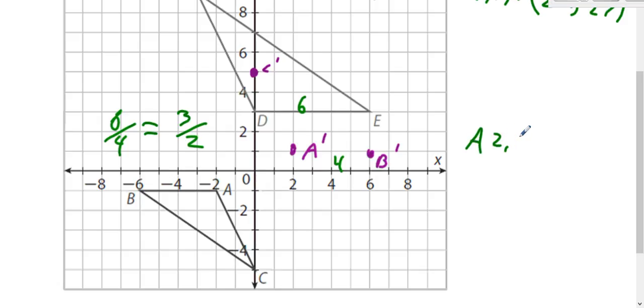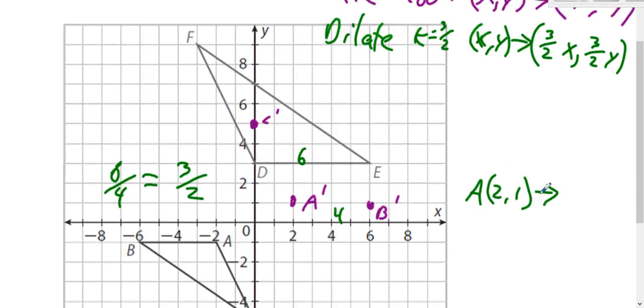A goes from 2, 1, and we're multiplying by 3 over 2. So that would go to 6 over 2, comma, and multiply by 3 over 2, so that's 3 over 2.